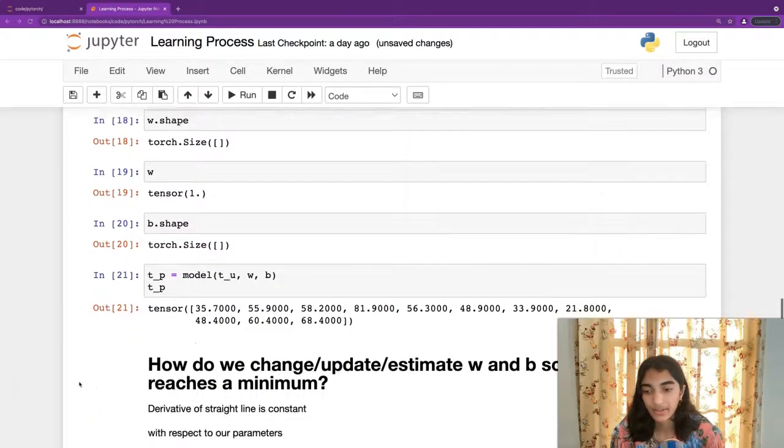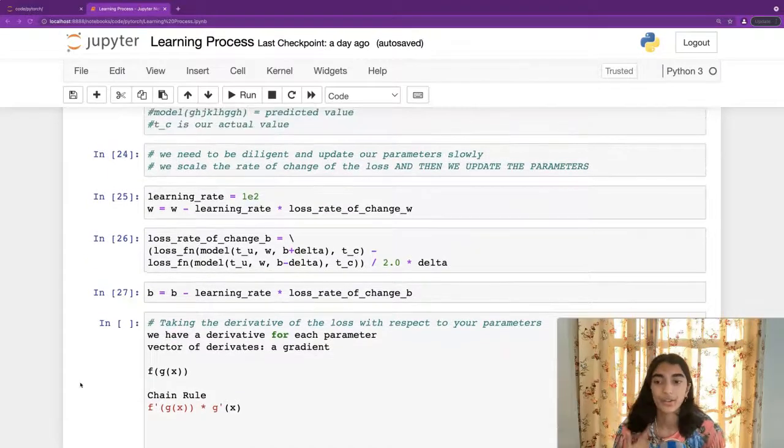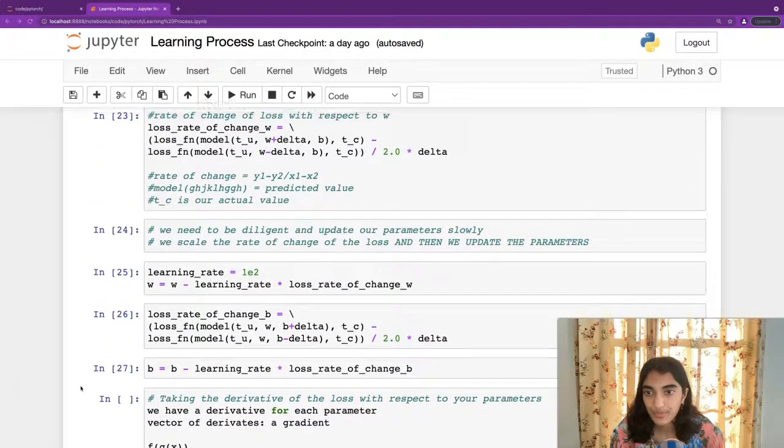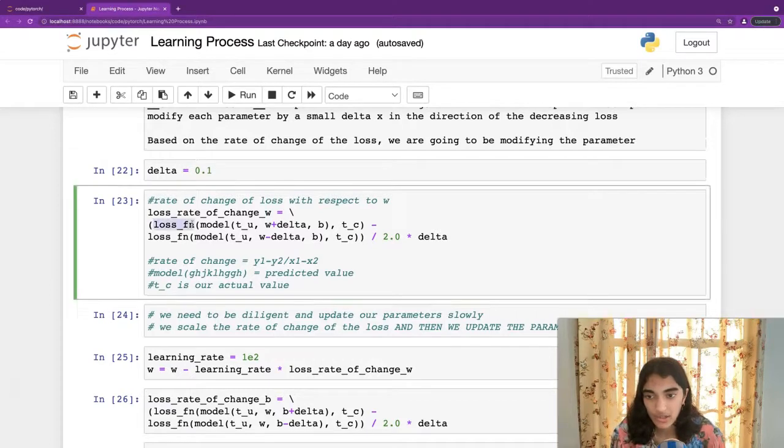Because when we go down to our implementation and we're finding the rate of change, it's a loss function of the model, and the output of the model is TP.